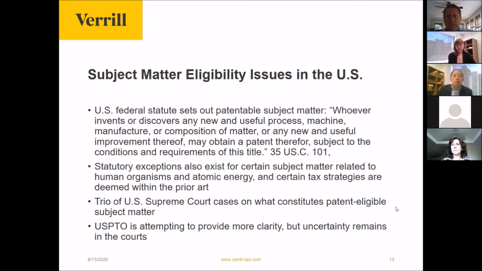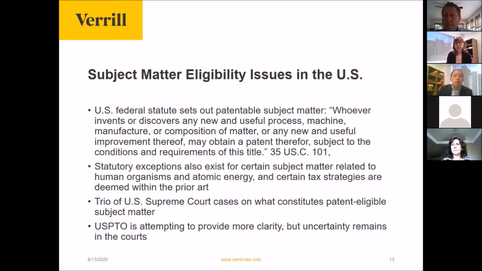There's a great deal of uncertainty in the courts that has arisen around these areas, and they do impact life sciences companies. The good news is that within the U.S. Patent and Trademark Office itself, there's a lot more clarity; the Patent Office is trying to provide more clarity to this, and with some success.